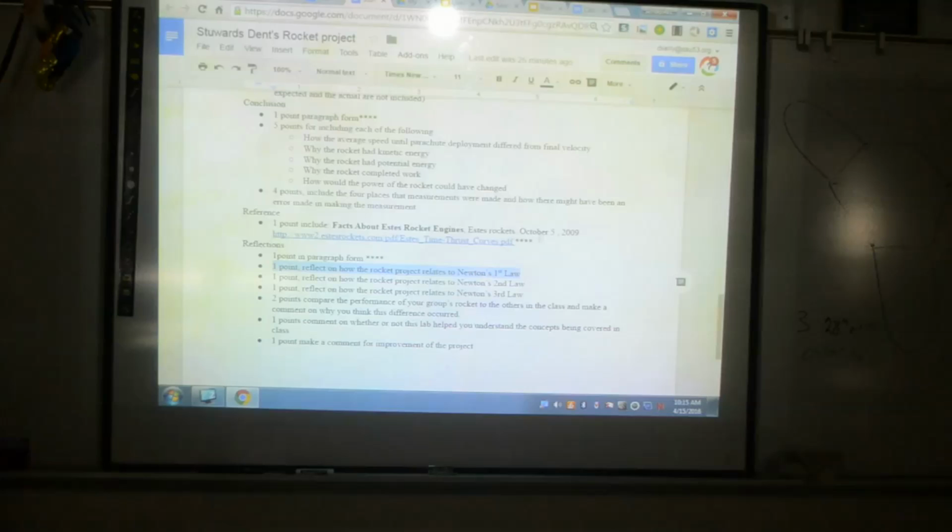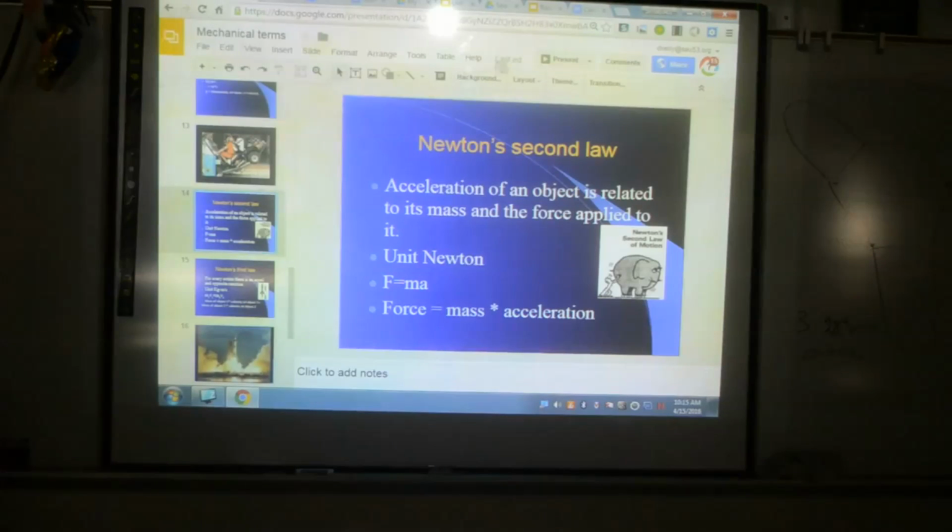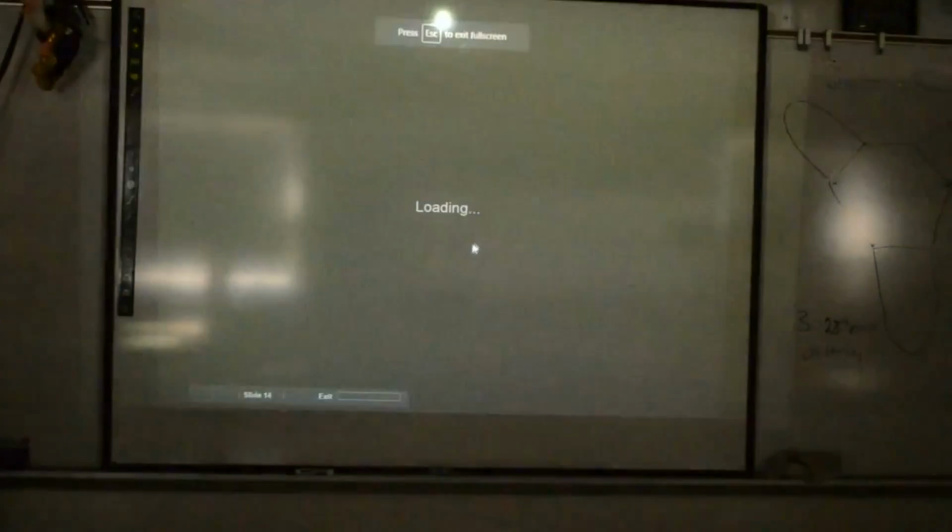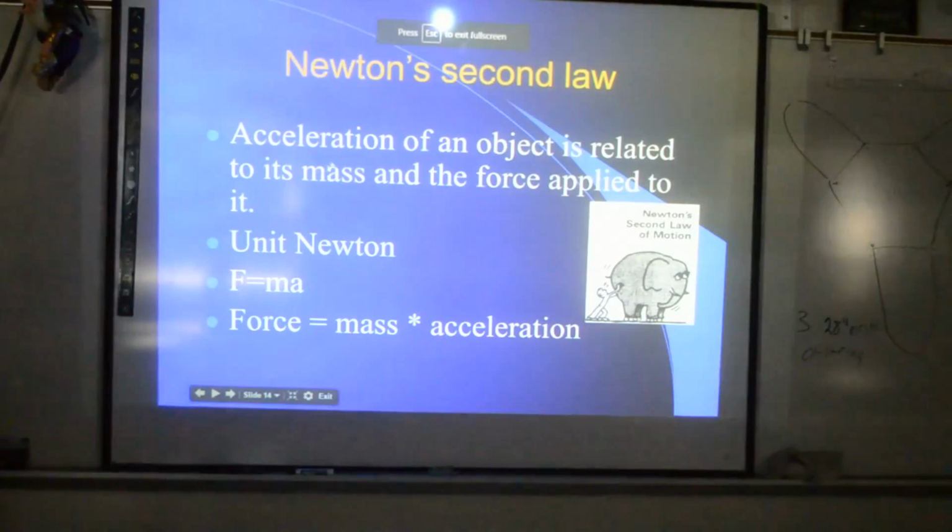Now let's go and look at the second law. We'll take a quick look here and see what the second law says. An object's acceleration is related to its mass and the force applied to it. So we have F equals ma, the mass of the rocket times the acceleration. So we clearly had a mass, a force applied to it, and there was an acceleration.